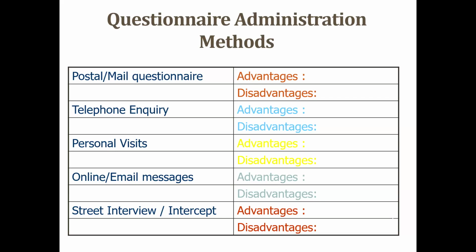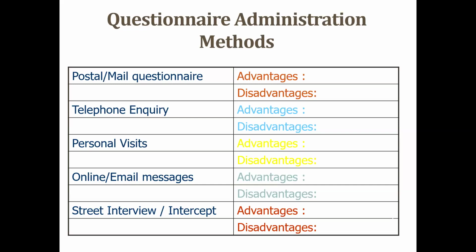So we're on the advantage when we parted, and someone was making the point that even when you have respondents who are scattered geographically, you can use the postal approach to reach them. And we mentioned that you can make it feasible and easier if you make it easier for the respondent to post back to you at no cost when they receive your questionnaire.